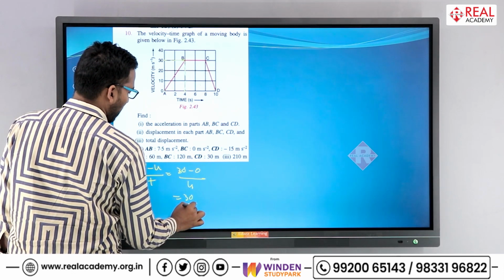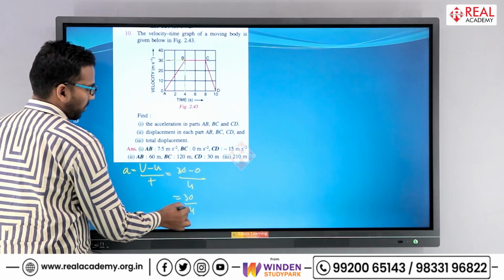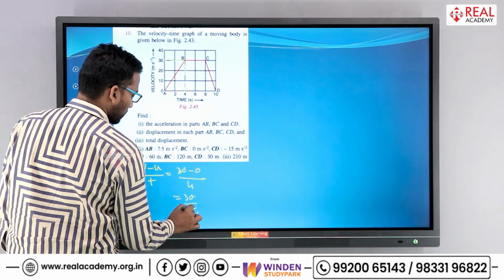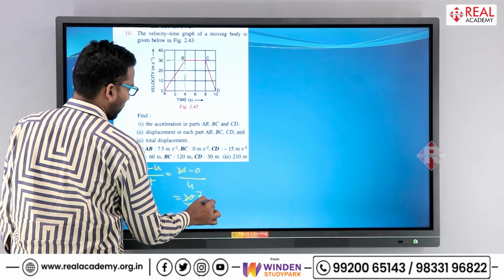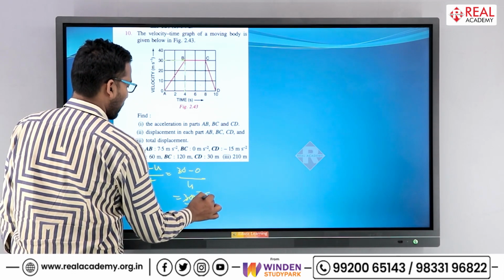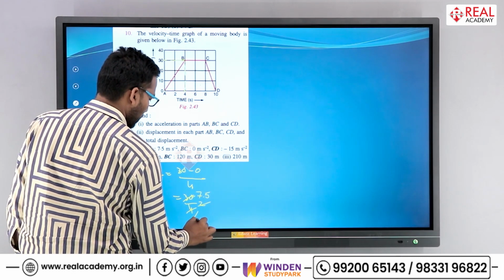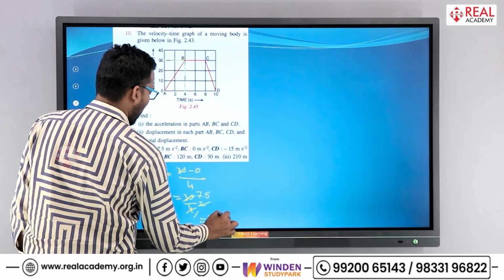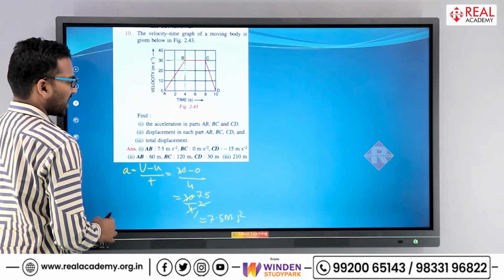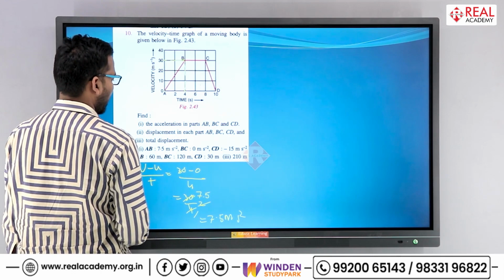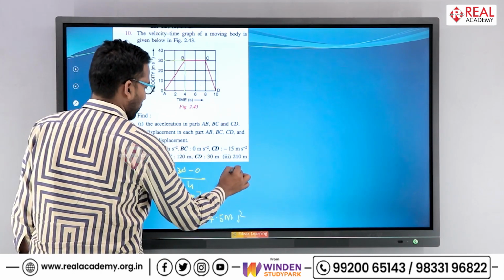So 30 upon 4. What is 30 upon 4? It is 7.5 meter per second square. Clear? 7.5 meter per second square.